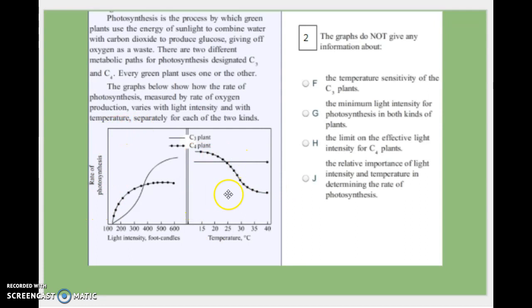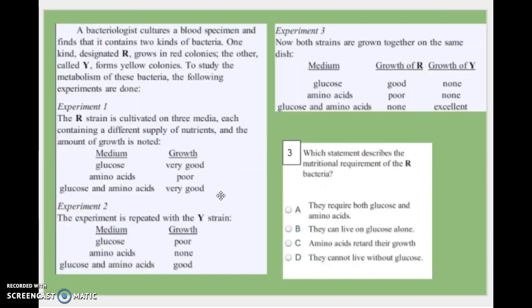But then the scale for the temperature was in 0.1, 0.2, 0.3, all the way up to just 1. You can't compare these then. So since we don't have that scale, there's no way to compare. We can't do the relative importance to one another. And so that means it's J. J is our correct answer.